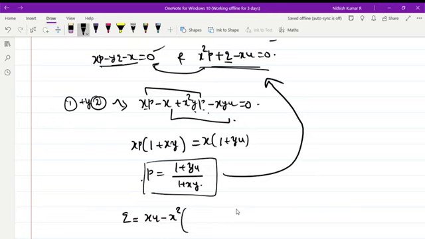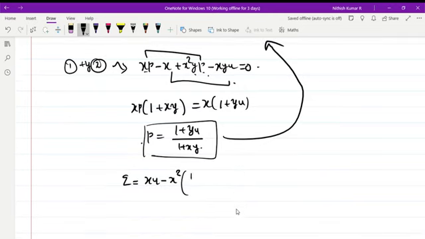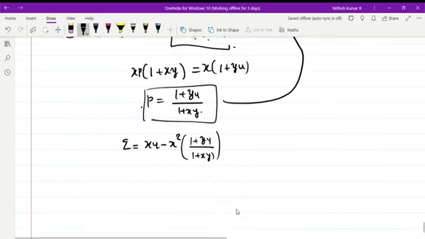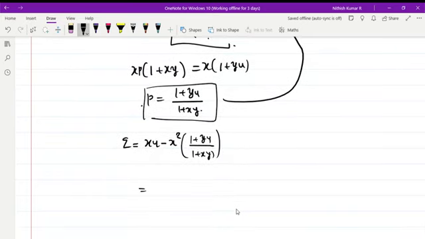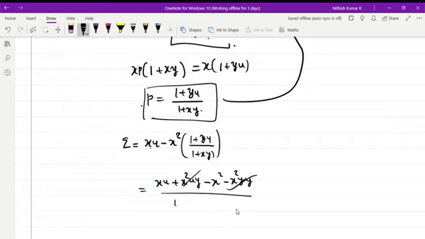Now combining these two terms and these two terms separately, xp is common, so xp into 1 plus xy equals, taking to the other side, x is common, so x into 1 plus y into u.